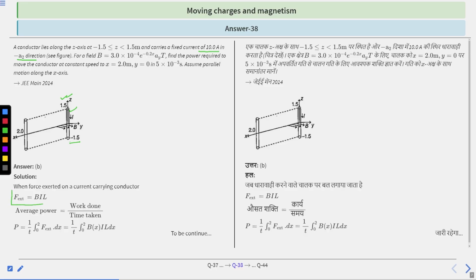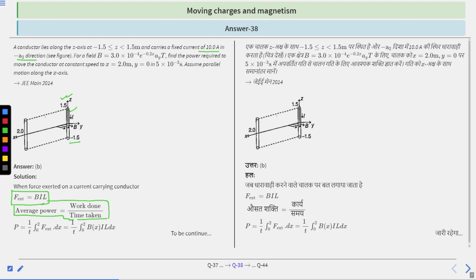F external equal to BIL is the force exerted on the current carrying conductor. And the formula of average power is work done divided by time taken. So this is the formula for average power. Clear? So we have to find power.